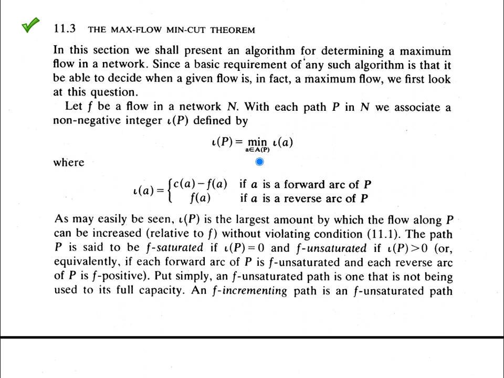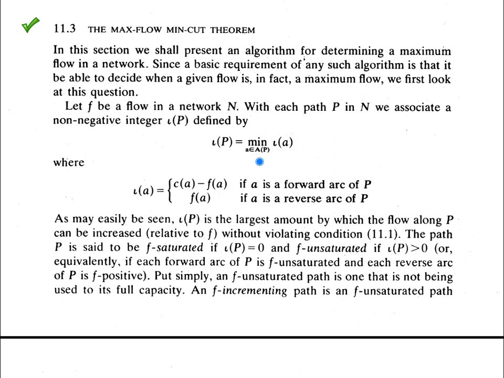If even just one of the forward arcs were saturated, then you would have 0 there, and 0 would be the minimum because all these values are non-negative. And each reverse arc has to be positive, meaning something is flowing against the direction of your path. Again, if you had even a single reverse arc with F equal to 0, that 0 would give the minimum.